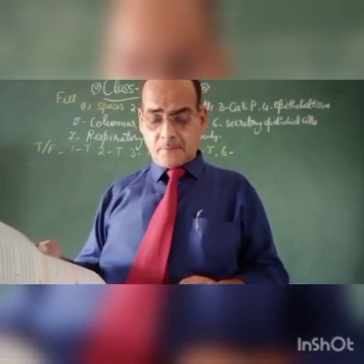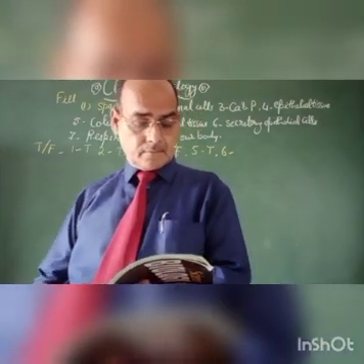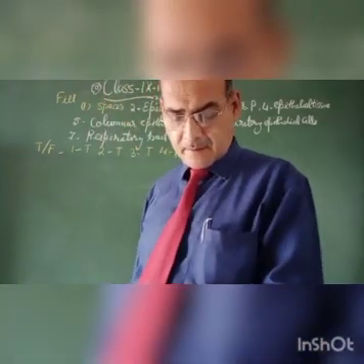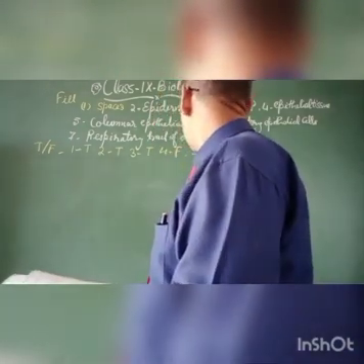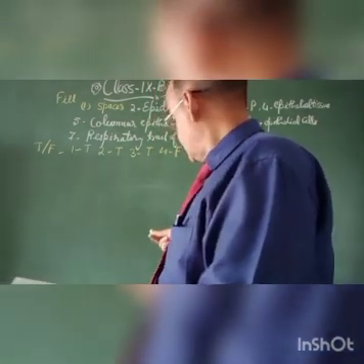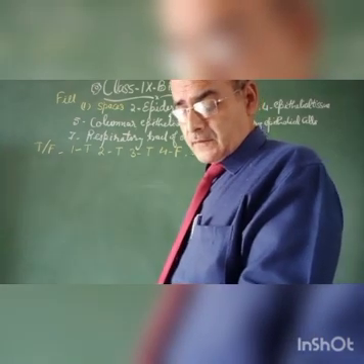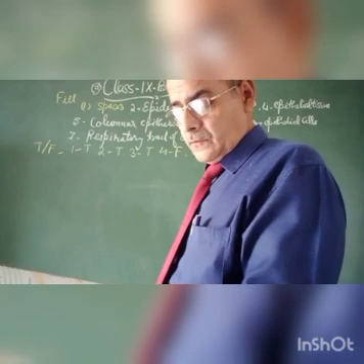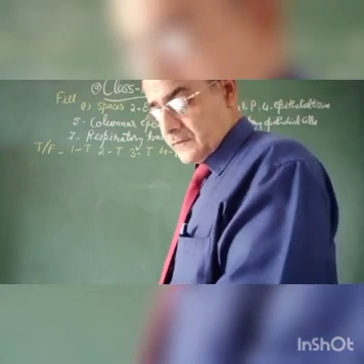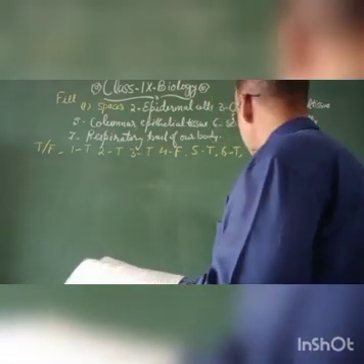So 6 is true. Number 7: collenchymatous tissue consists of long and narrow dead cells with thick cell wall due to lignin. This is false. So 7 is false.